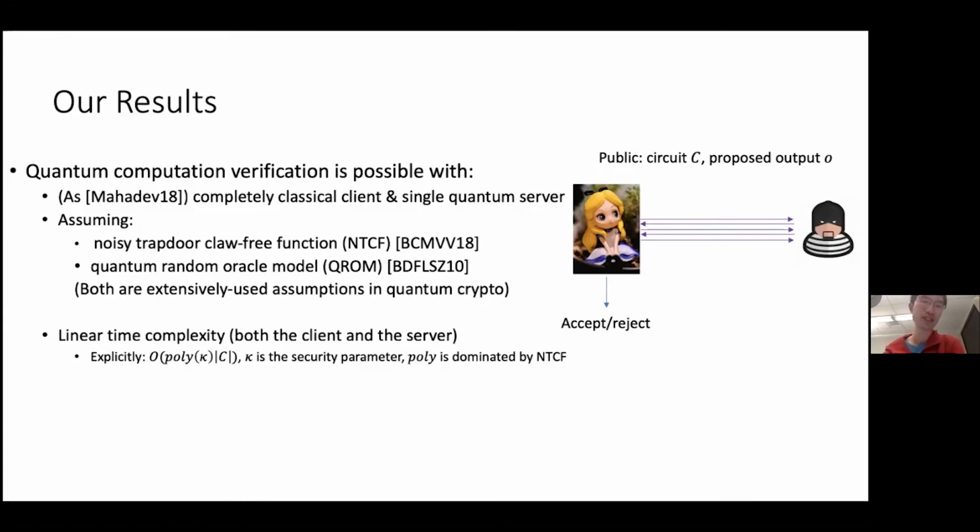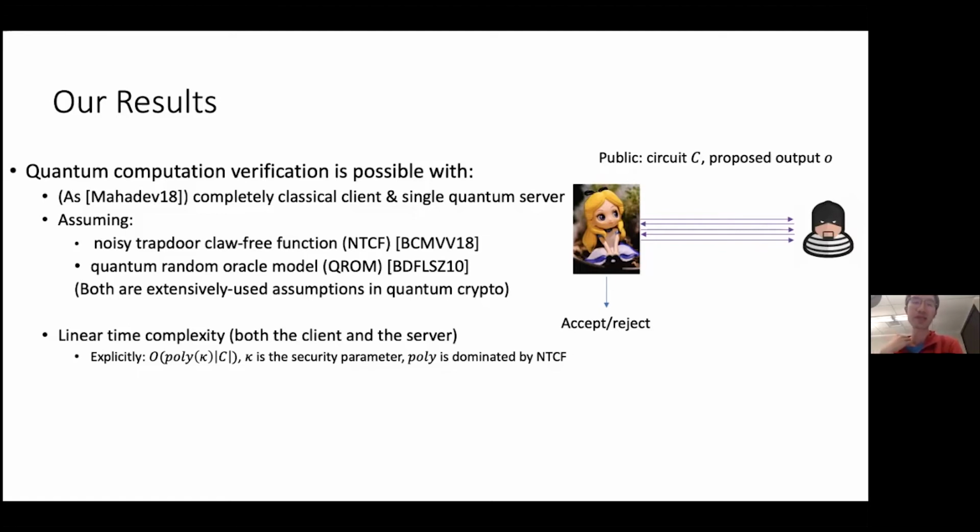In more detail, the time complexity could be written as poly(kappa) times |C|, where kappa is a security parameter. We note that in crypto protocols, since the soundness is only computational soundness, we need a security parameter kappa to describe how sound the protocol will be.